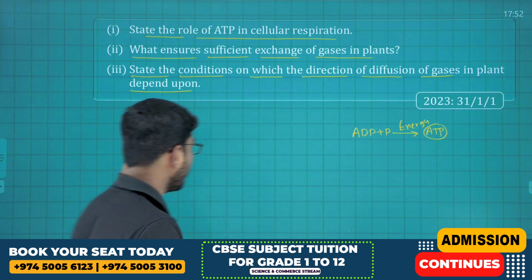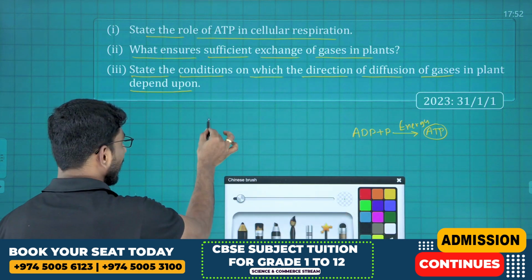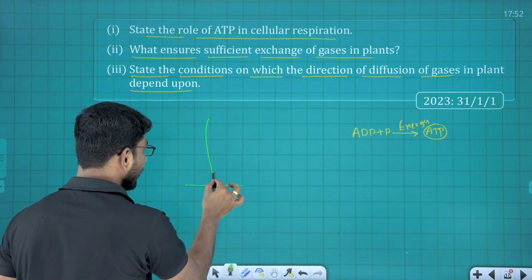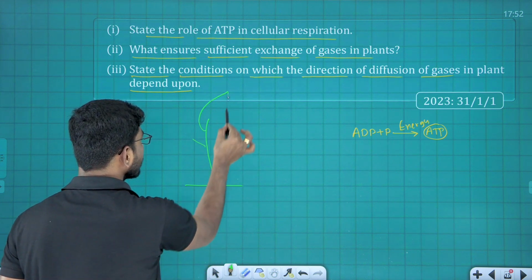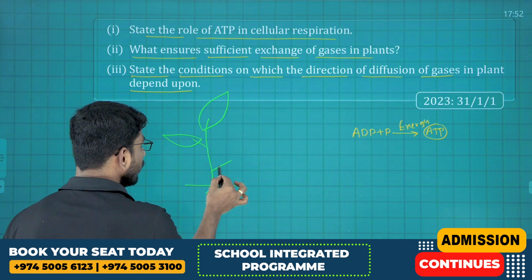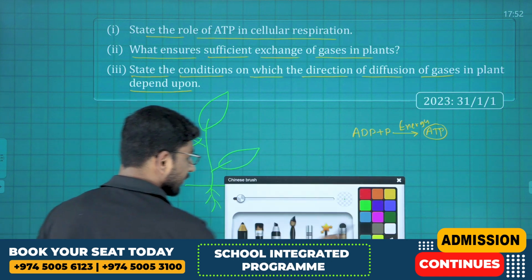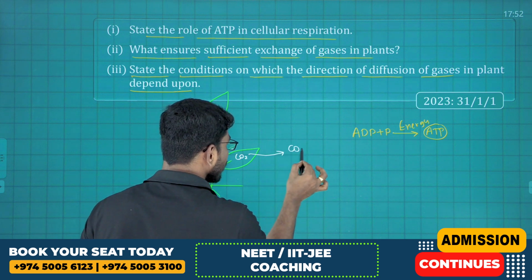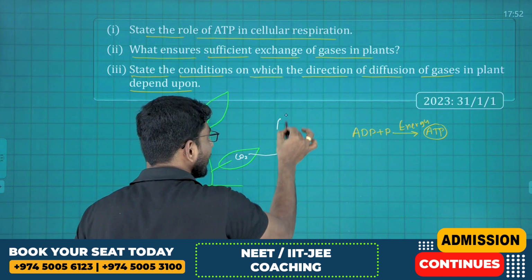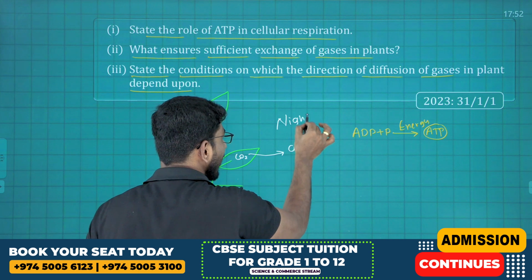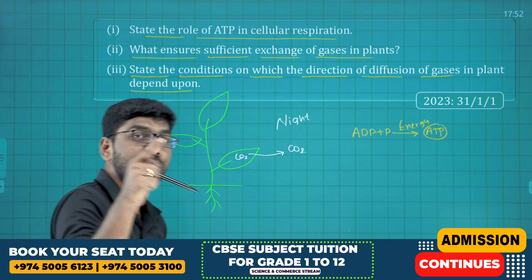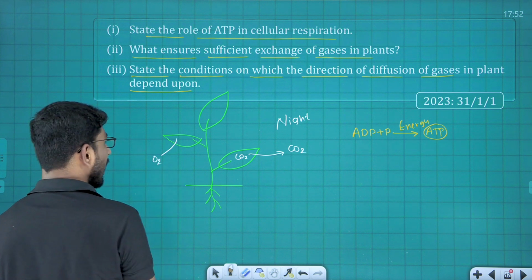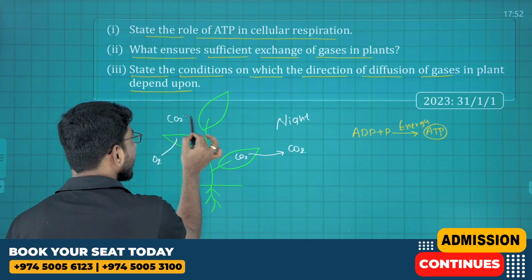What is the meaning of requirement of the plant? Let's take one plant here. At night time, no photosynthesis takes place, so carbon dioxide from the plant starts to diffuse out. At what time? At night. During daytime, photosynthesis takes place, so oxygen comes out and carbon dioxide is taken in.